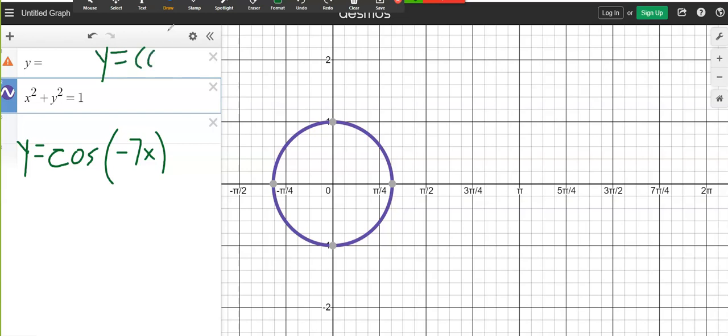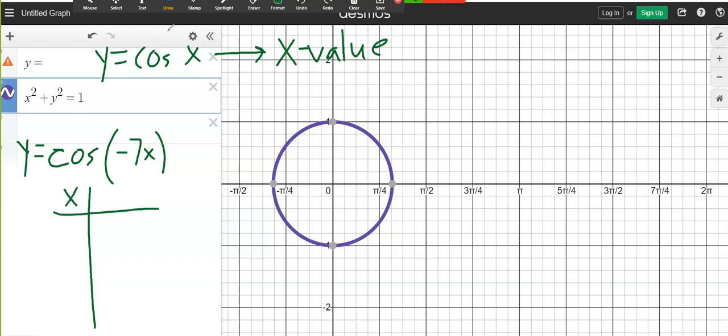Cosine is x value. So at theta equals 0, just like we did before.